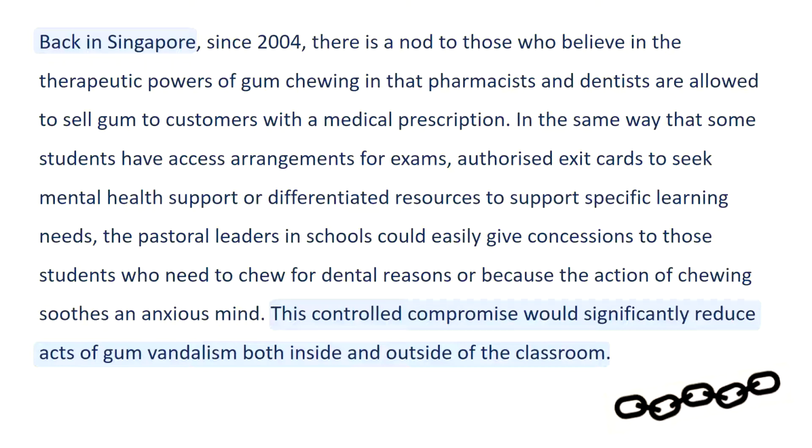Now, we could say that's a bit of an opinion stated as a fact there. The writer's assuming that they can make these predictions about what would be better. But again, it's clever because it's bringing it back to the school context. It's using the information from Singapore, but then bringing it back to our intended reader and this idea that this is something about the classroom.